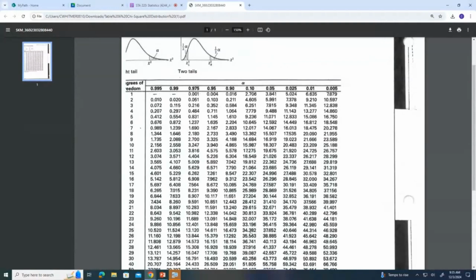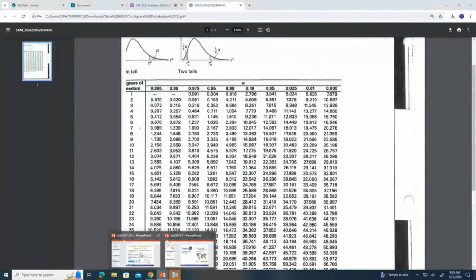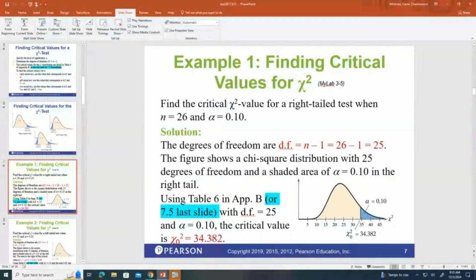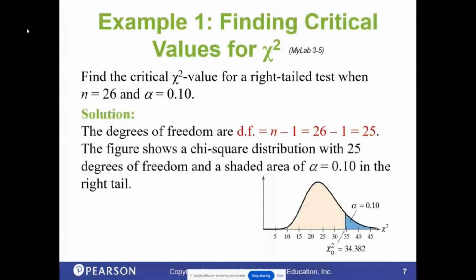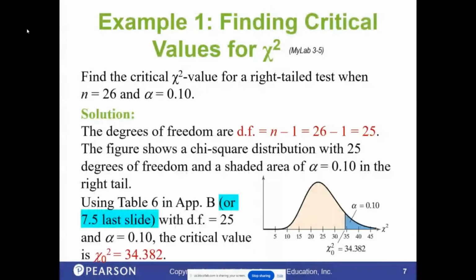And so there's our chi-squared value, 34.382. Any questions there?